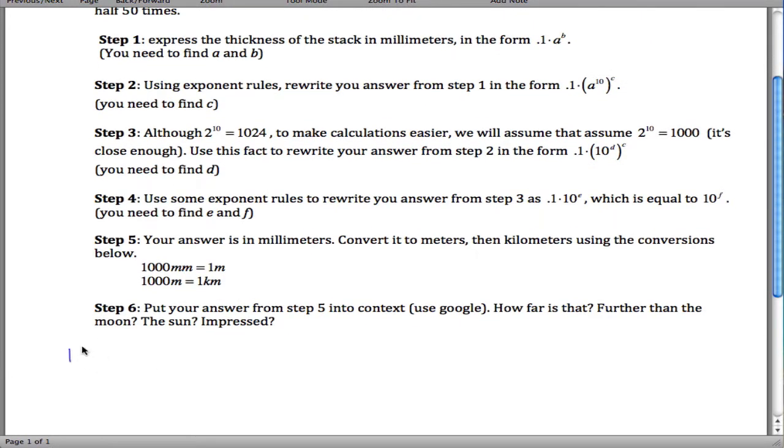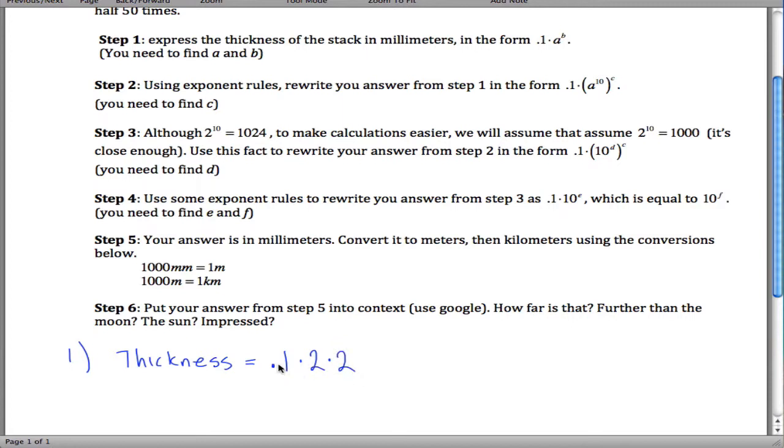The first step here is it just wants me to express the thickness of the stack in millimeters, and it wants me to write it in this form. You could think about the thickness as, well, it starts out as 0.1, and then we're going to multiply it by 2 every single time we fold it in half, right?